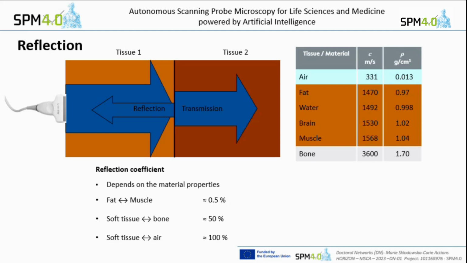Within soft tissue this is only 0.5%, which means nearly everything will be transmitted. Otherwise we wouldn't be able to image inside the tissue, since everything would be reflected and nothing transmitted. This is different for soft tissue and bone interfaces, where a larger amount of energy is reflected, and for air, which is basically a barrier for ultrasound, we have probably 100% reflection. Therefore, ultrasound in the lung and in the colon is really challenging.